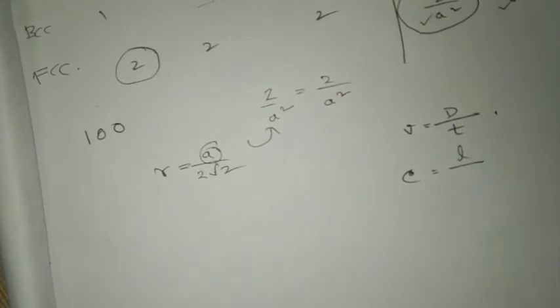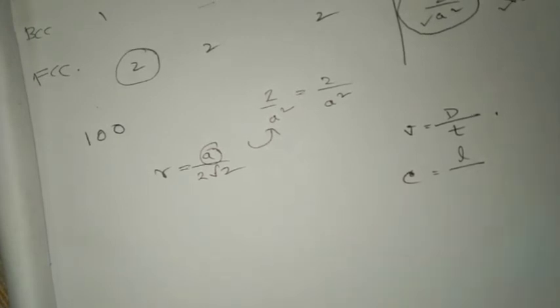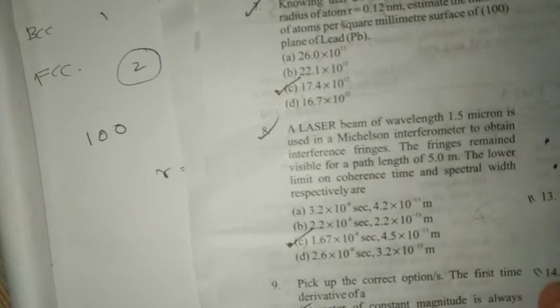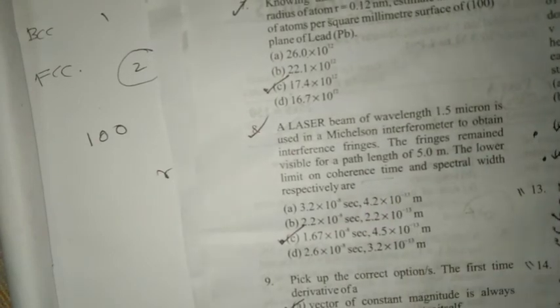If you haven't studied coherence, please read it. It's an important concept for understanding interference and all. Coherence time, coherence length, spatial coherence, temporal coherence, these are important concepts. Try to cover them. And we need to find the coherence time.